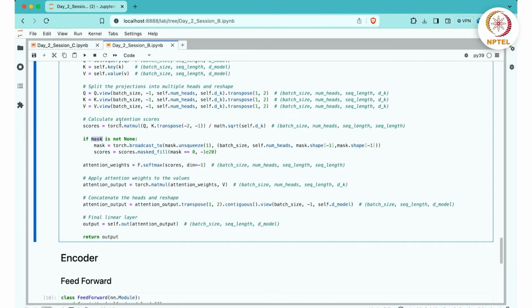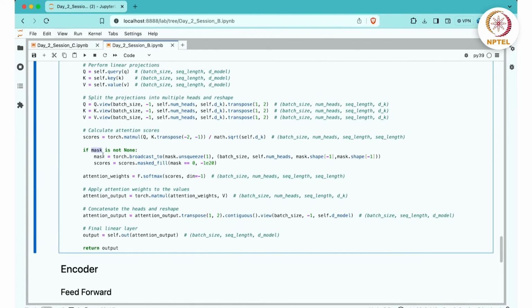Because "watching" is not generated yet, the current token should not have any information about what is coming in future, so we only want to look at attention with previous tokens. So we'll take the entire upper triangle, or entire half of our attention score, and we'll mask it. So we can only look at attention in the backward direction, and not in the forward direction. That is what the mask is doing.